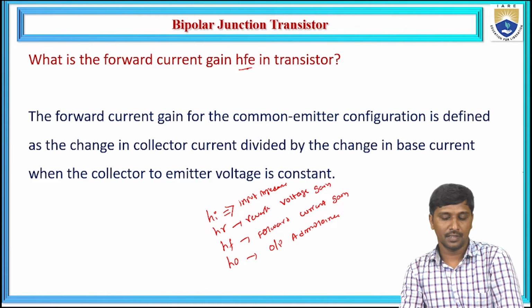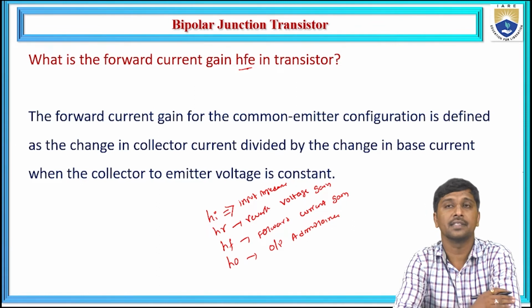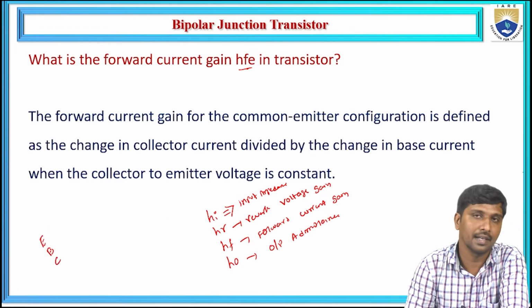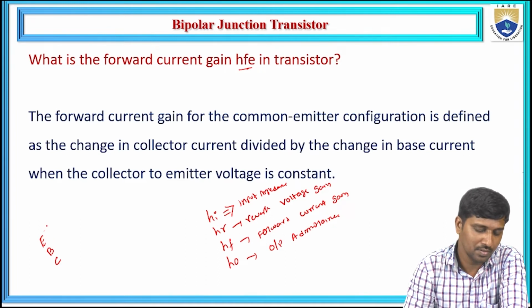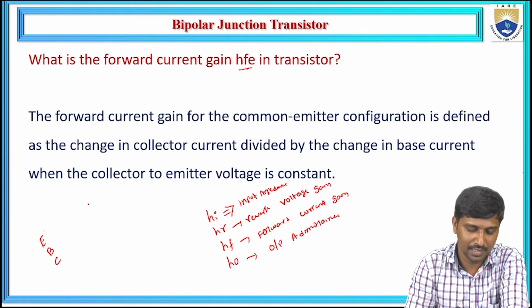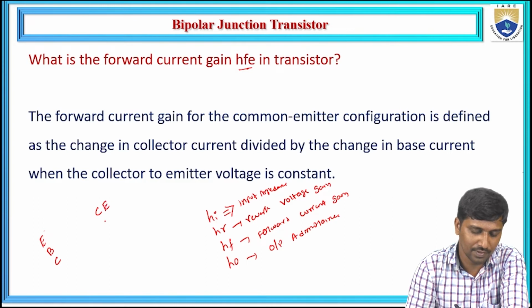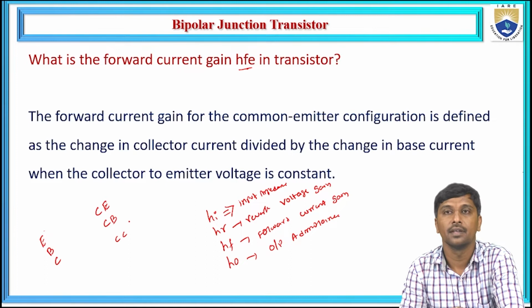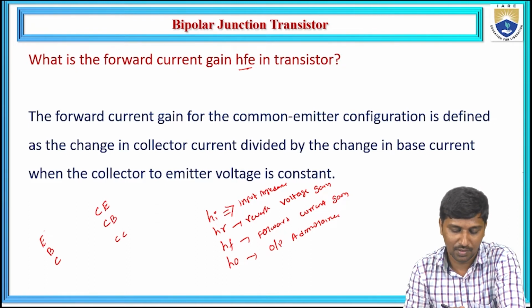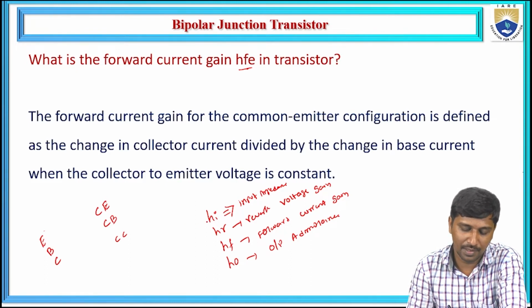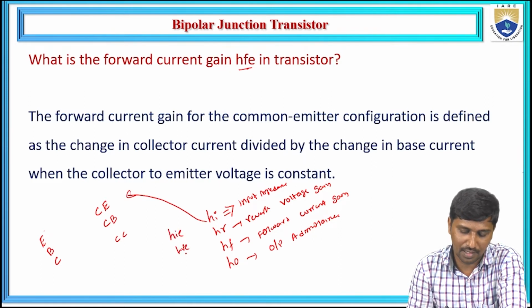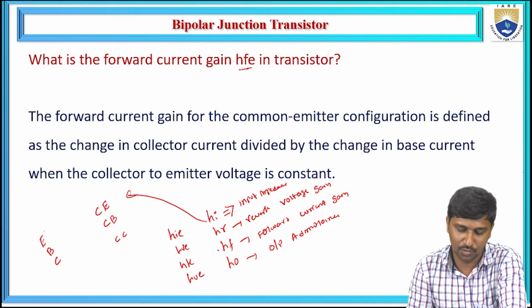Then, based on the transistor construction, we have three terminals: emitter, base, and collector. Based on this, we have three configurations: common emitter configuration, common base configuration, and common collector configuration. If we want to write these H parameters for common emitter, we write HIE, HRE, HFE, and HOE.